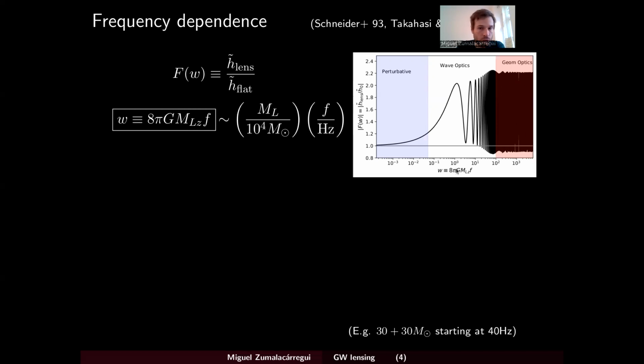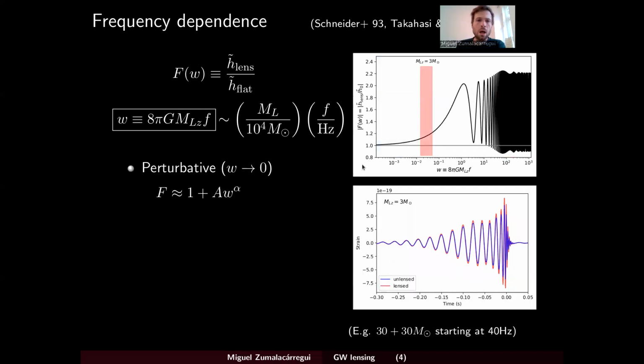So let's go into a little bit more detail. In this slide I'm showing the waveform for a typical LIGO source, a binary with 30 solar masses for each companion. If the lens is light, so 3 solar masses, then this source will span a certain range in this amplification factor diagram.